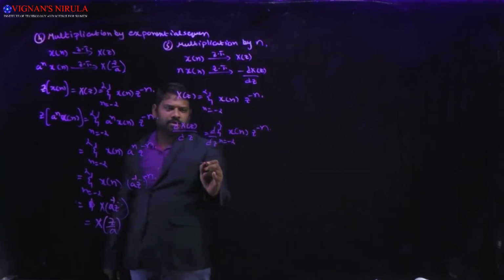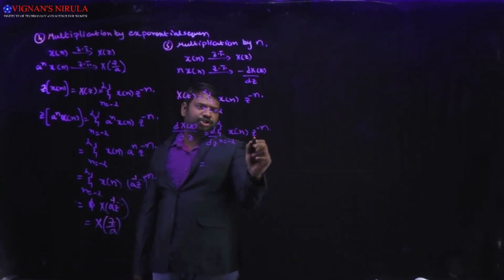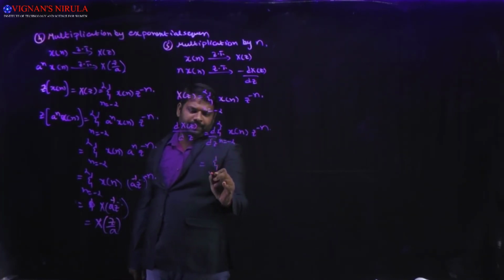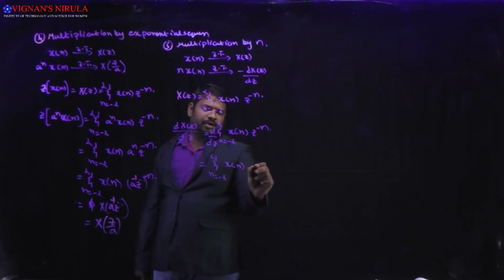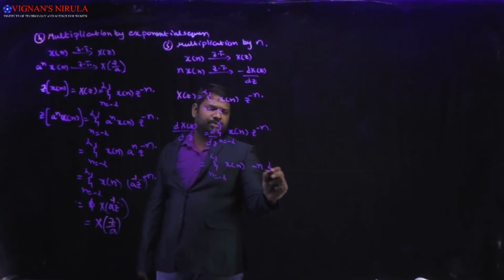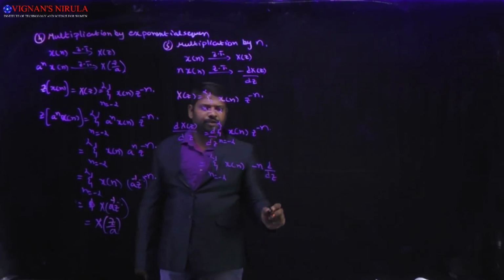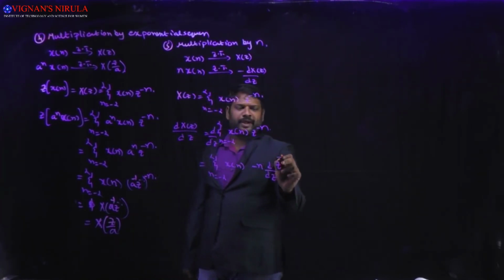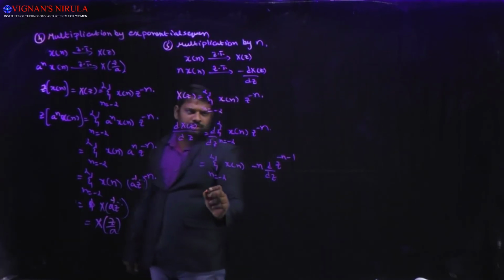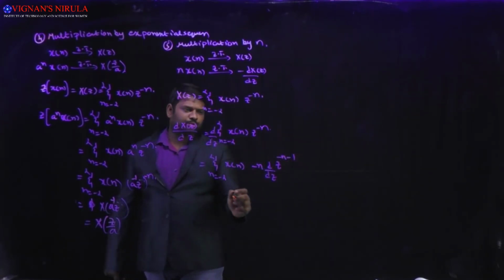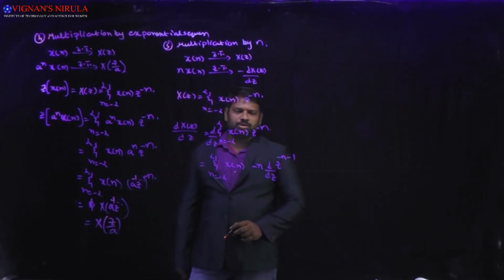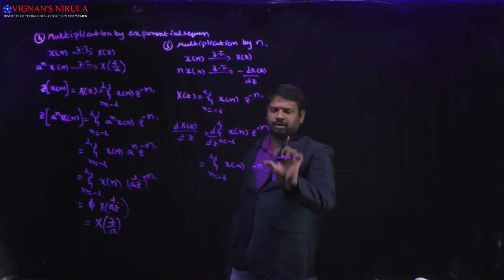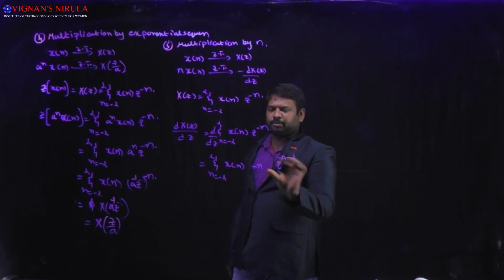Then d by dz of summation n varies from minus infinity to infinity x of n z power minus n. But here the z variable is z power minus n only, so x of n into d by dz of z power minus n, which gives minus n into z power minus n minus 1.